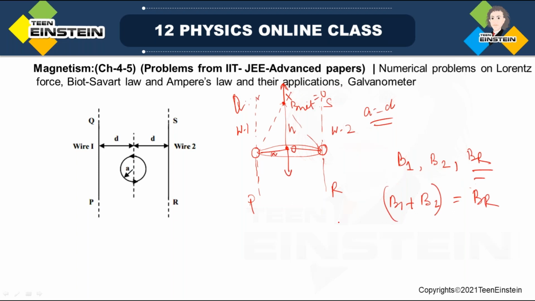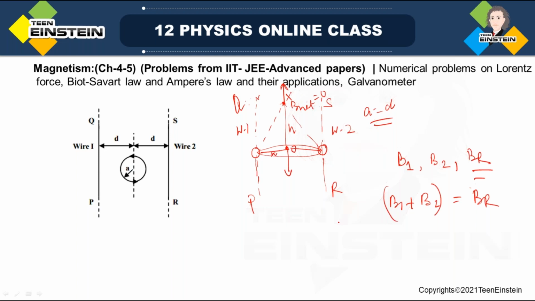If the current goes in the direction PQ, the magnetic field produced due to this will go into the plane of the paper, and if the other current goes this way, it will give a magnetic field out of the plane of the paper.